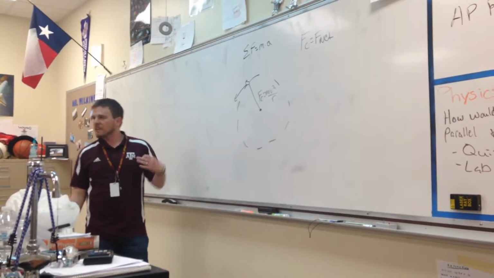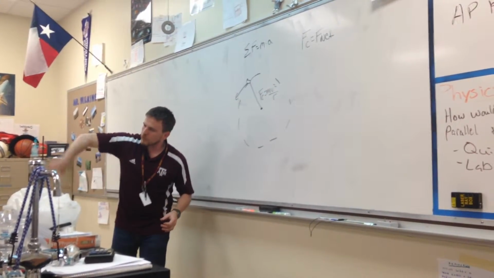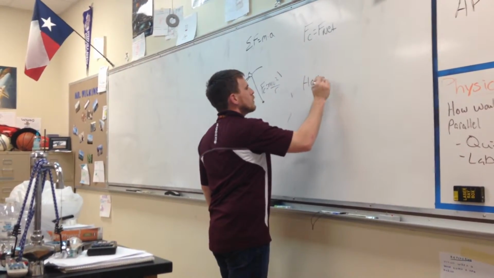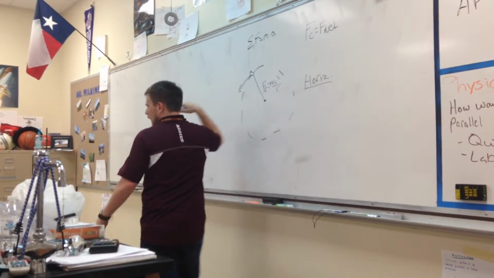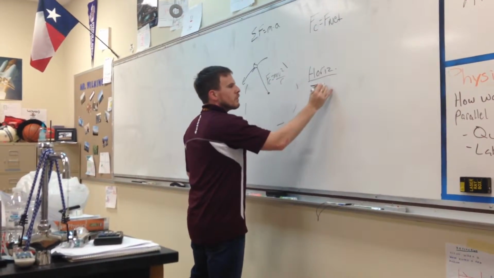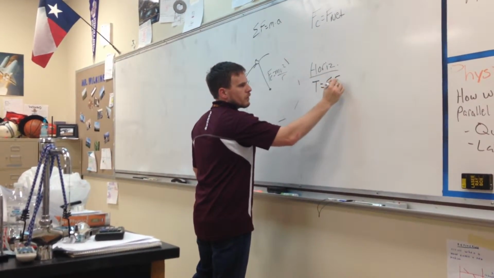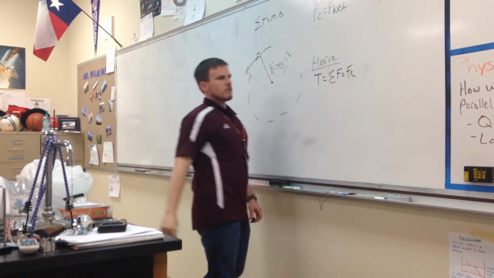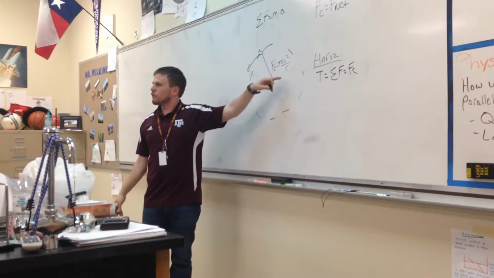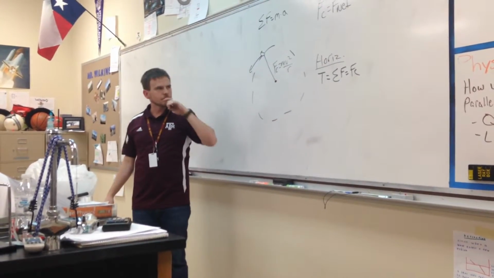Okay, so if you want to know the tension in the string, if it's going around horizontally, the only thing holding it in the circle, if it is an object on a string, is the tension. So the tension would be equal to the sum of the forces, and it would be the centripetal force. If this is horizontal, then the tension is the centripetal force. It's the only thing holding it in the circle.